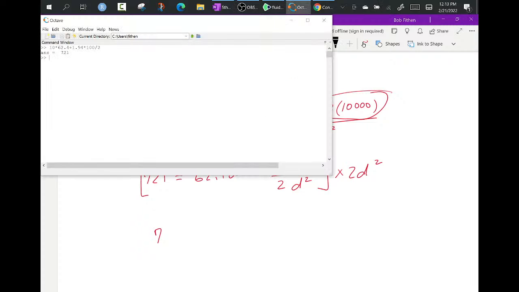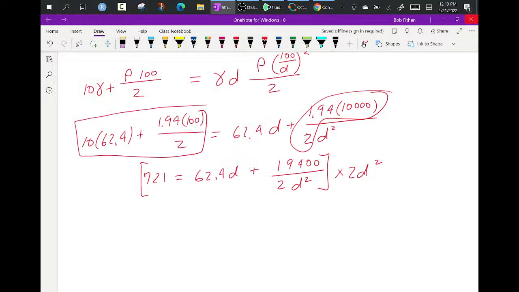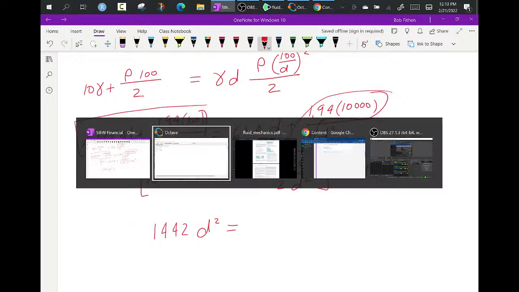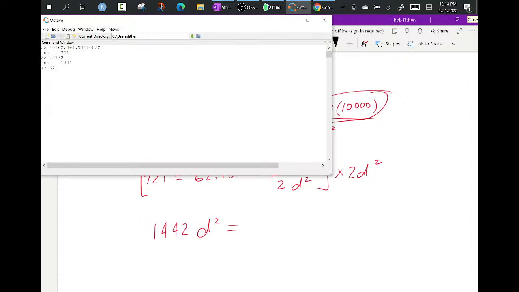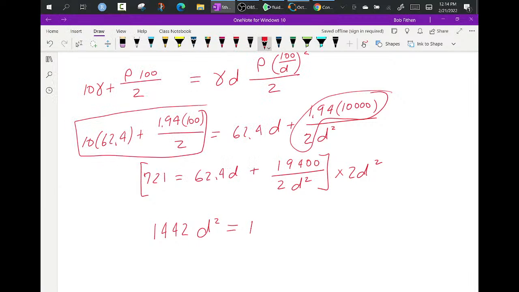So 2721 times 2 times D squared equals 2 times that, and 124.8 and 124.8 D.